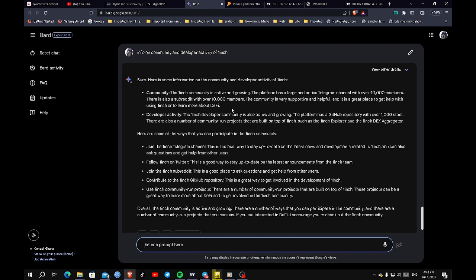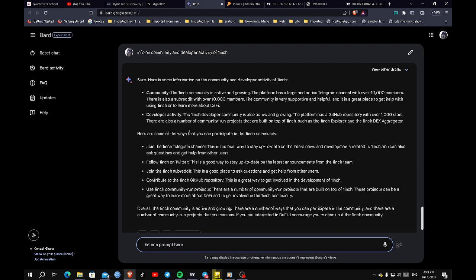Okay, so developer activity. The 1inch developer community is also active and growing. They have a GitHub repository with over 1,000 stars. There's also a number of community-run projects that are built on top of 1inch, such as 1inch Explorer and 1inch DEX Aggregator.